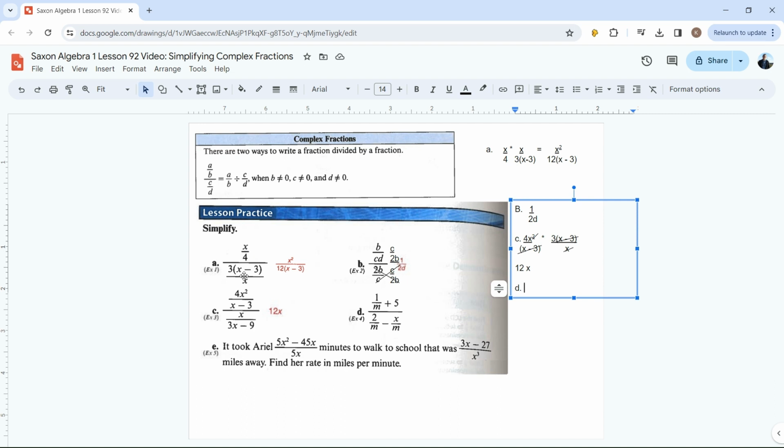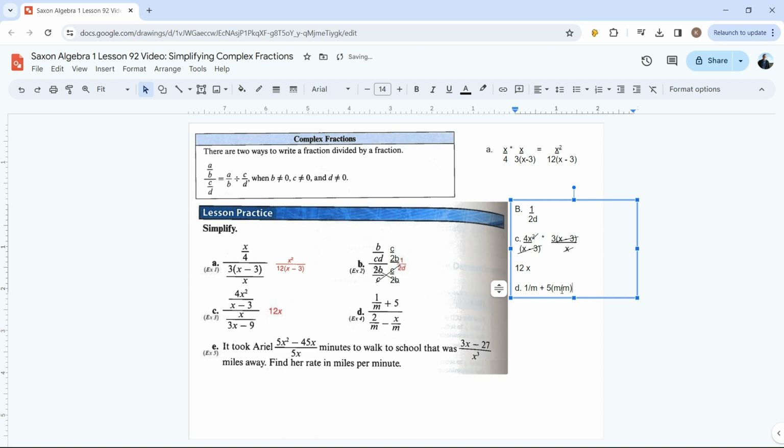So what I need to do with this one is combine what's on the top into a single fraction, and combine what's on the bottom. We're going to do that using our rules for adding and subtracting rational expressions. On top, it's going to change from 1 over m plus 5. I'm going to multiply the 5 by m over m.